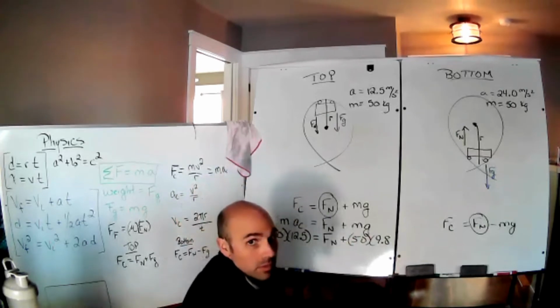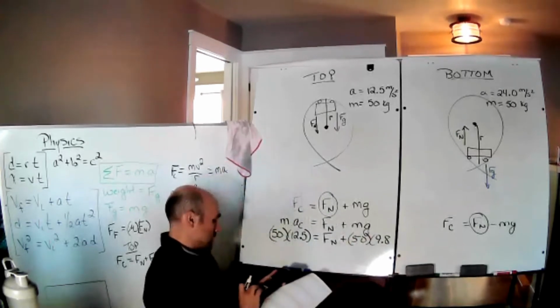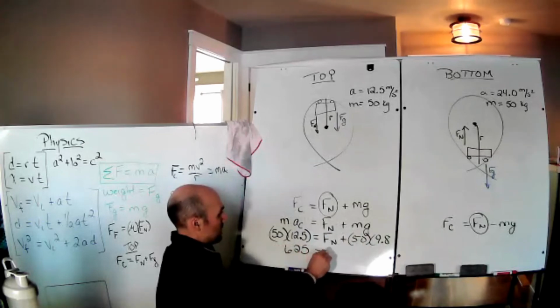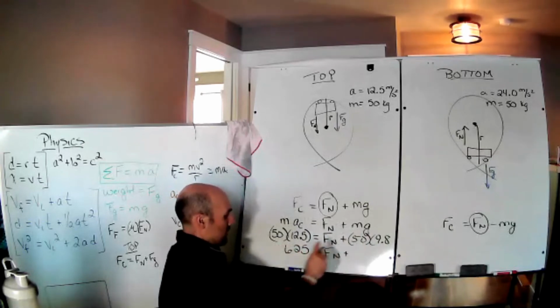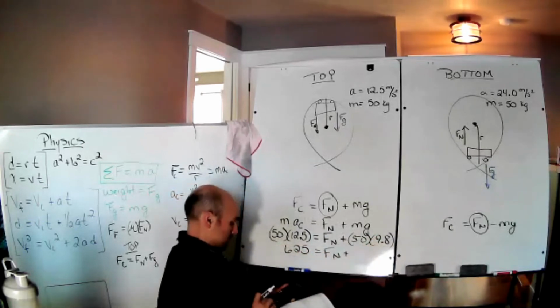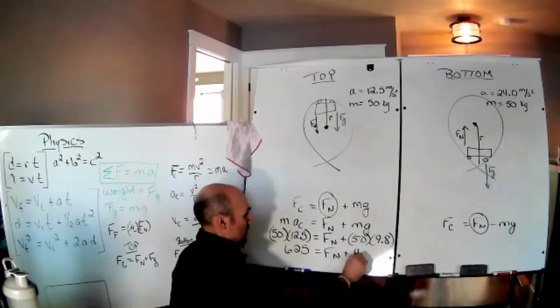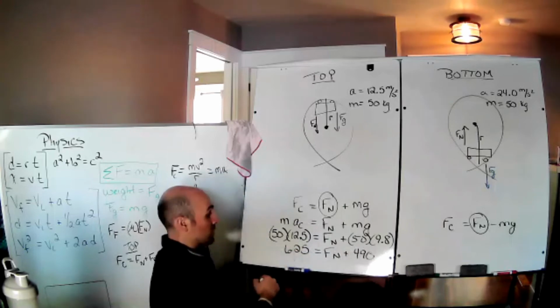From there, grab my calculator. 50 times 12.5 is 625, equals Fn plus 490. And then all we have to do is subtract.